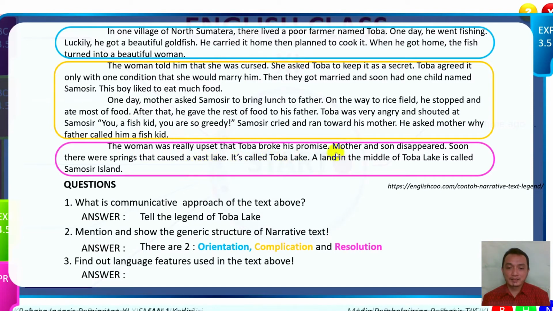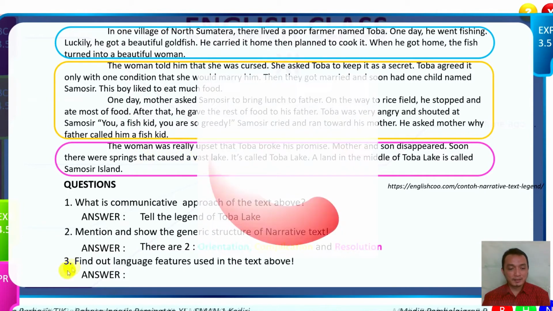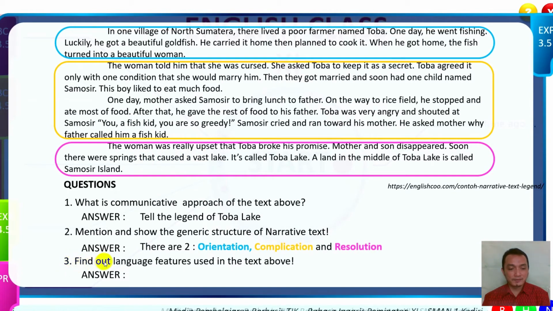Toba is her husband, and Toba broke the promise, and then mother and son disappeared and became springs that are really vast, really large. And then in the middle of that lake, there is a small island called Samosir. So that is the legend of Toba Lake. So this is called the solution to the problems. This is proved, and then the last question is to find out the language features used in the text above.